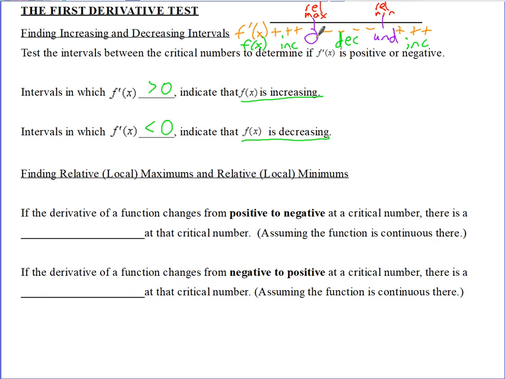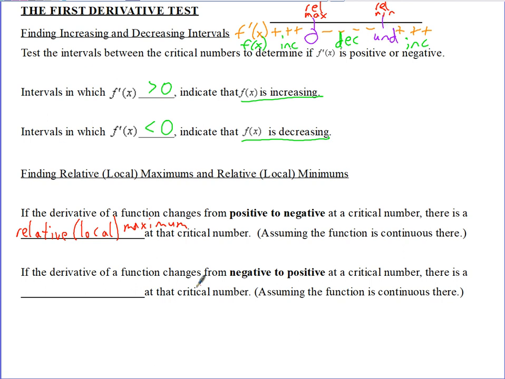And as we saw right here on the number line, if the derivative of a function changes from positive to negative, like it does right here, at a critical number, there's a relative, or sometimes it's referred to also as a local maximum. And assuming the function is continuous there, has to be connected there.